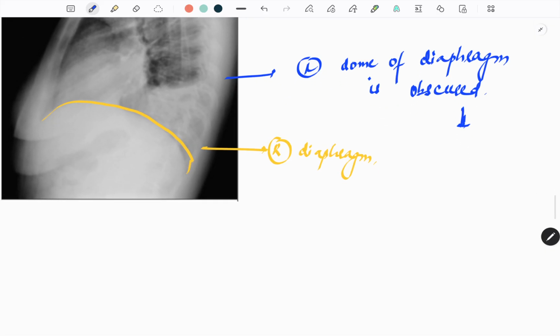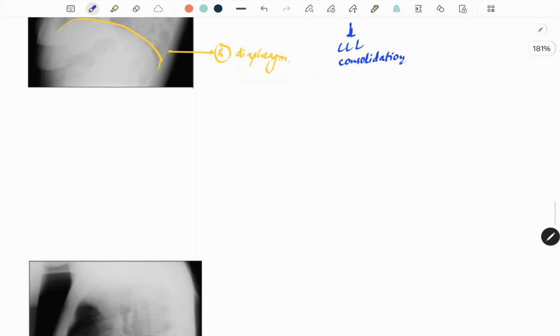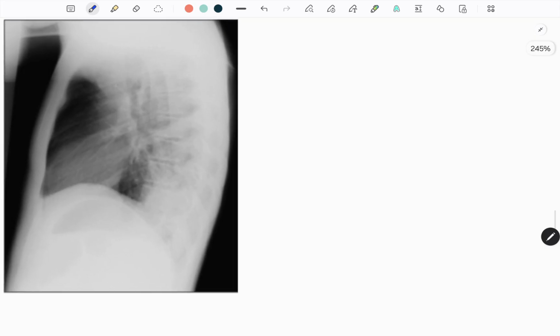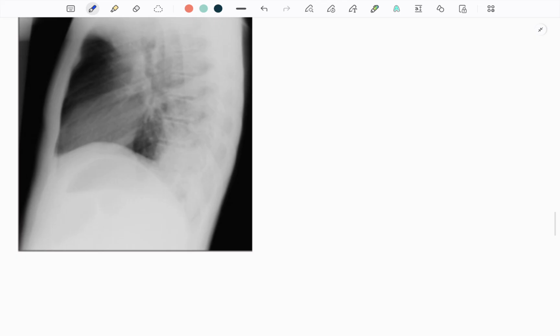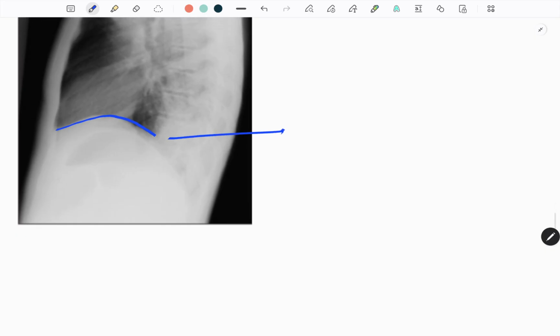What will it give rise to? It will give rise to left lower lung consolidation. Okay? We'll come to the next. This is the right diaphragm, only seen anteriorly and not posteriorly. Hence, this is right lower lung consolidation.